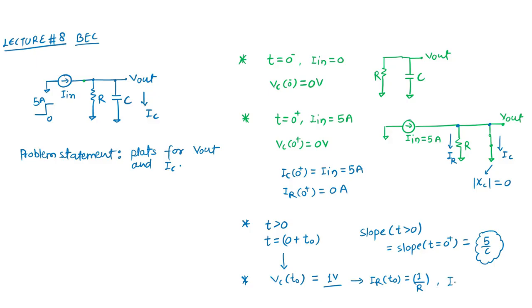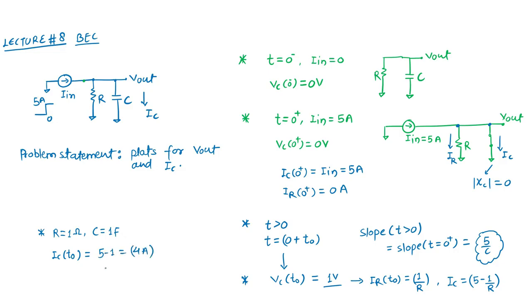So this capacitor current will be 5 minus 1 by R. So it is a lower value. For the time being, let me consider the resistor to be 1 ohm and the capacitor to be 1 farad. The IC at t0, or just t0 plus, whatever instant we consider, is nothing but 5 minus 1 by R, which is 4 ampere.